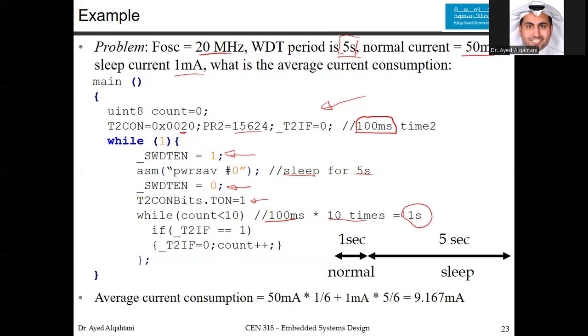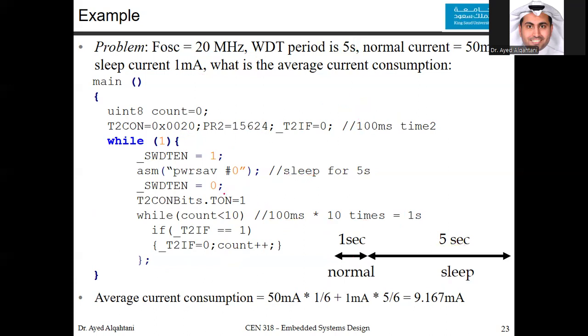Now from this reading, for only the while loop, you are actually in the normal mode for 1 second. And you are in the sleep mode, which is this sleep mode, for 5 seconds.